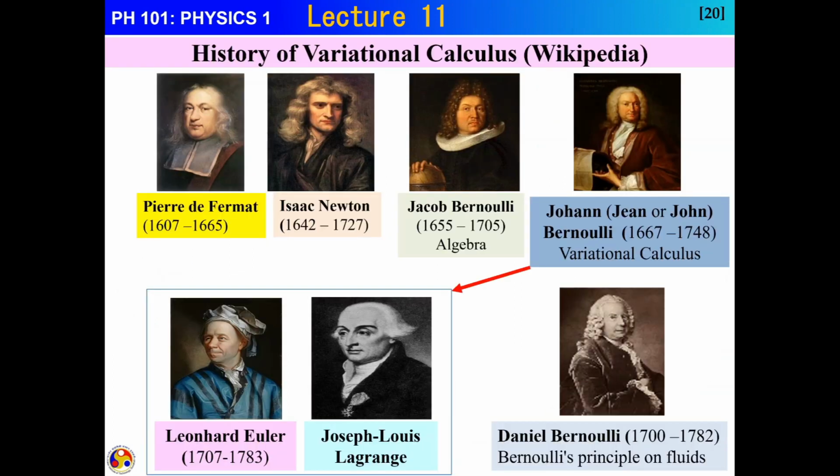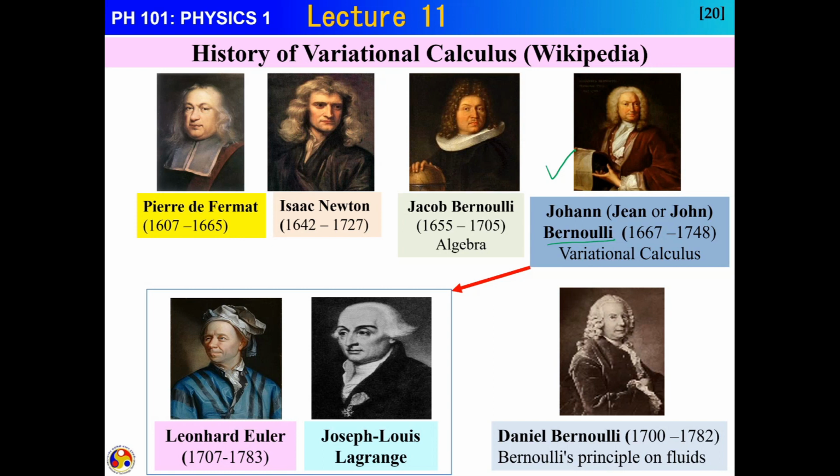Now, to deal with these concepts, there are many legends involved here. Although it is said to start with Newton's minimal resistance problem somewhere around 1687, the shortest time problem was raised by Johann Bernoulli. He raised the brachistochrone problem in 1696.